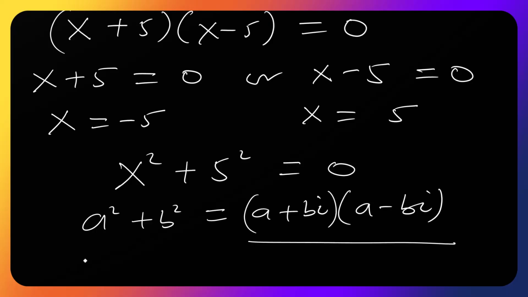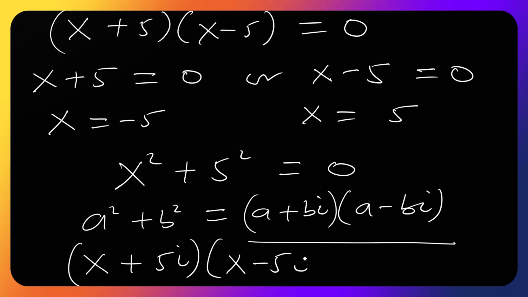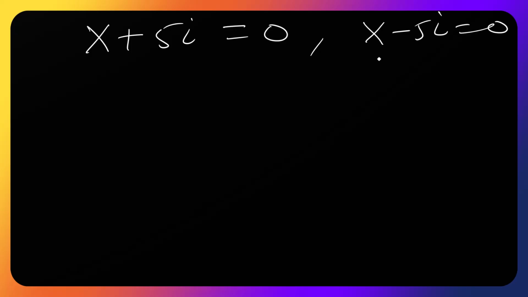So from here I can say x plus 5i, x minus 5i equals 0. So x plus 5i equals 0, then x minus 5i equals 0.